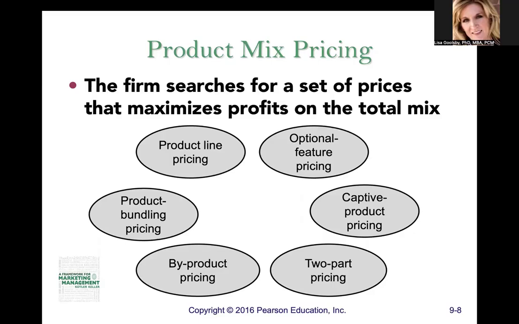You can have two-part pricing, where you're going to pay something up front and then you pay something on the back end. So that also is part of our pricing strategy. You can have byproduct pricing. It's spring here in Tennessee, a lot of gardening going on, a lot of landscaping, lots of mulch.